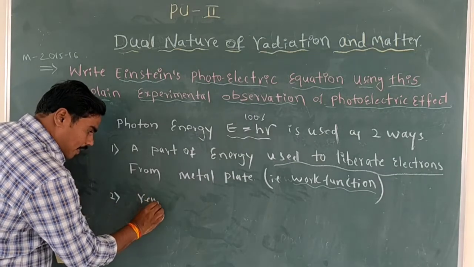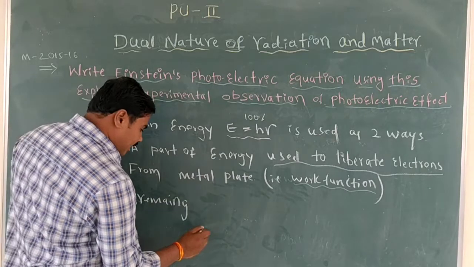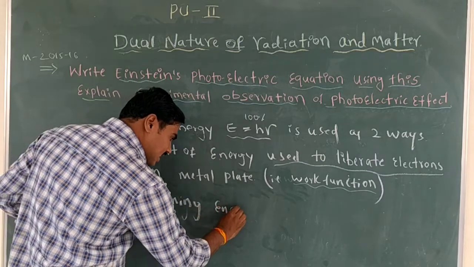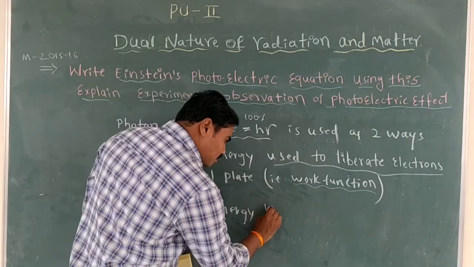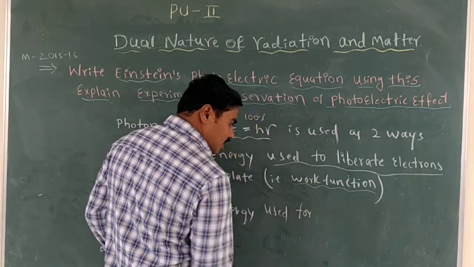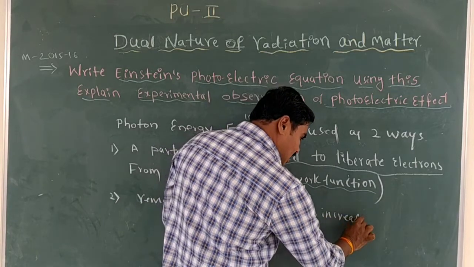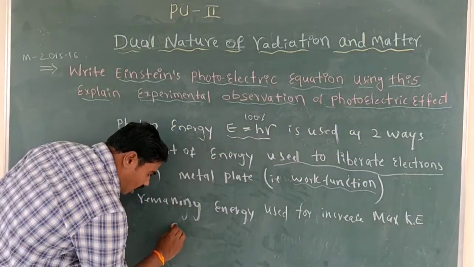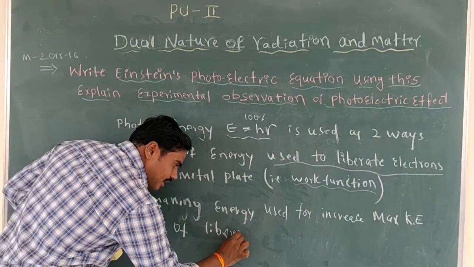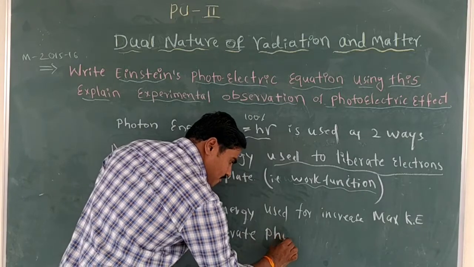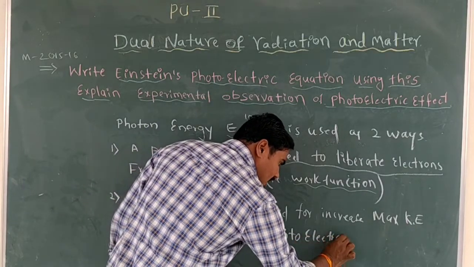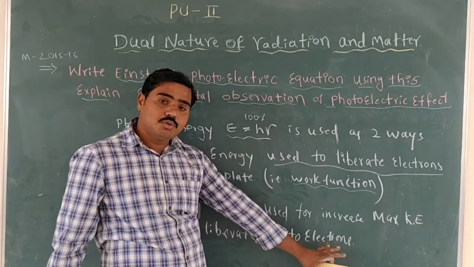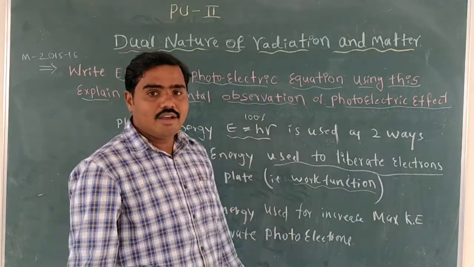The remaining energy is used to increase the maximum kinetic energy of the liberated photoelectrons. The remaining 50% of energy is used to increase the kinetic energy of the liberated photoelectrons.